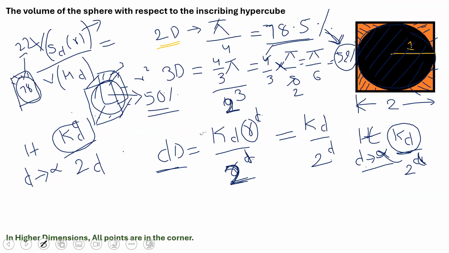Now if I go back here, when d tends to infinity, kd is becoming 0. So the whole thing is becoming 0. So what does that mean?